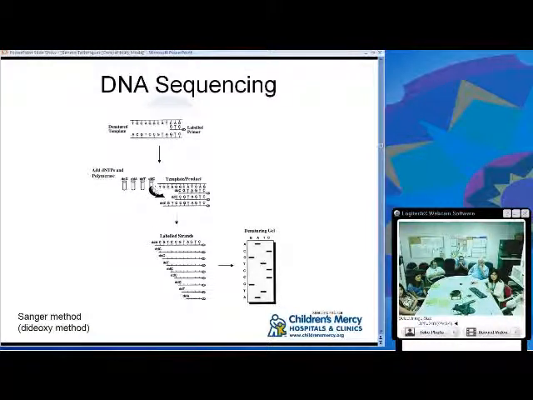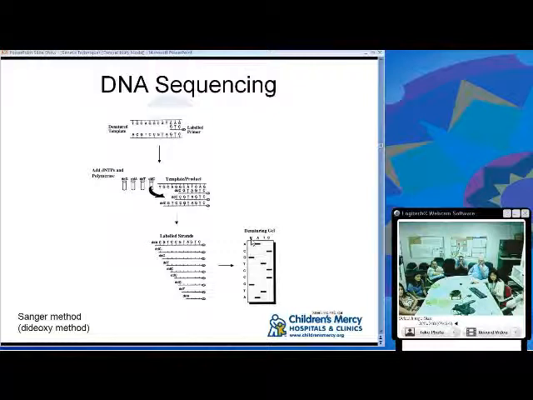And so when you set up this reaction, you set it up for each of your nucleotides, so you have a GATC tube. And so you have all the nucleotides in, say, the G tube plus the dideoxy G nucleotide. And then you run these reactions, and then you load them on a sequencing gel, which is a huge monster of a gel.